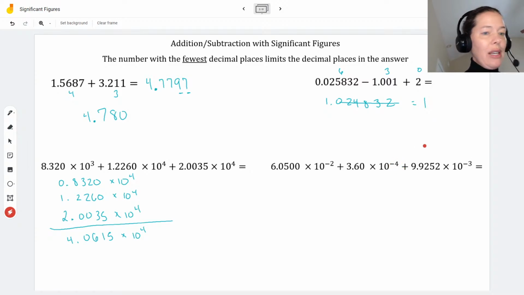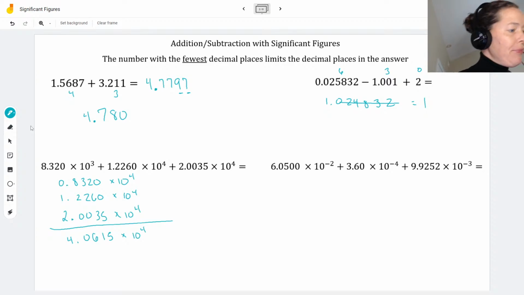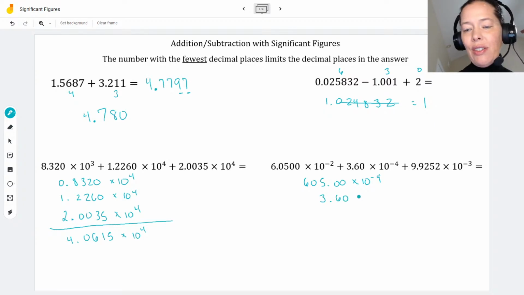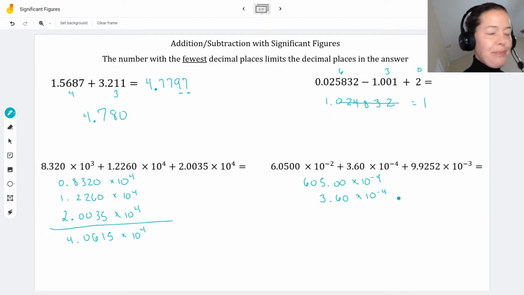So I'm going to rewrite each of these. Okay, so this one, my first number, I'm going to move the decimal 2 places. Okay, my second number stays the same. I'm going to try to line up these decimal places too, because then it's easier to see, I think.